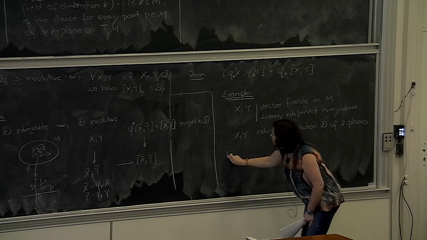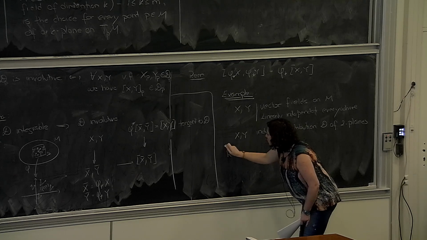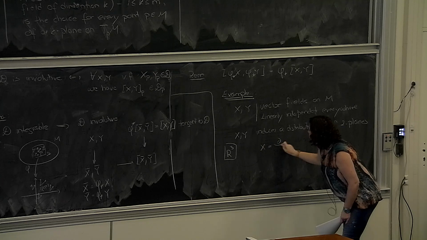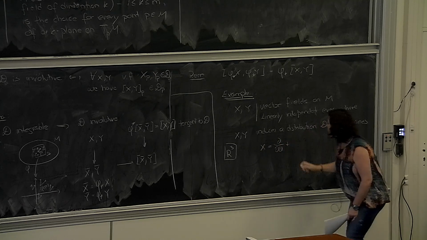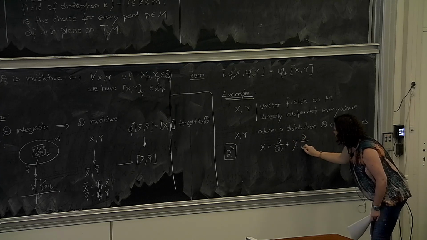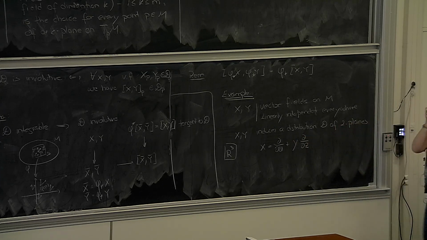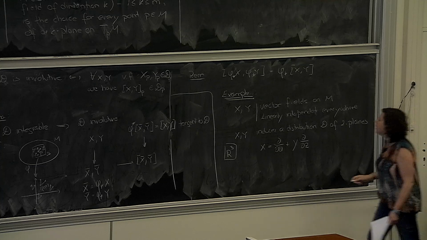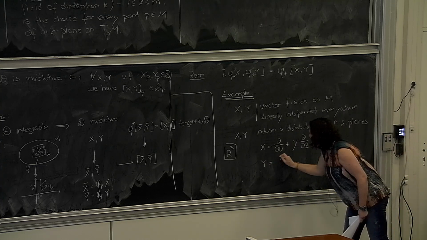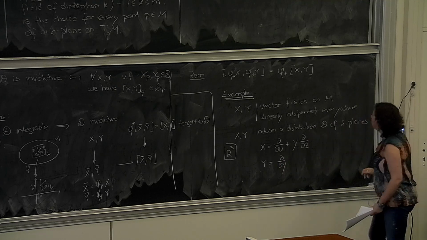The example is the following. Let's consider on R3 the following vector fields: X is d/dx plus y d/dz. Okay. The vector field Y is d/dy.